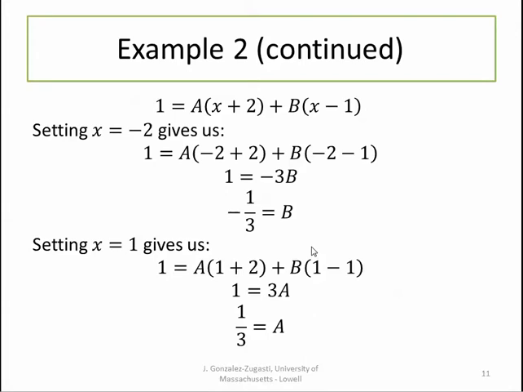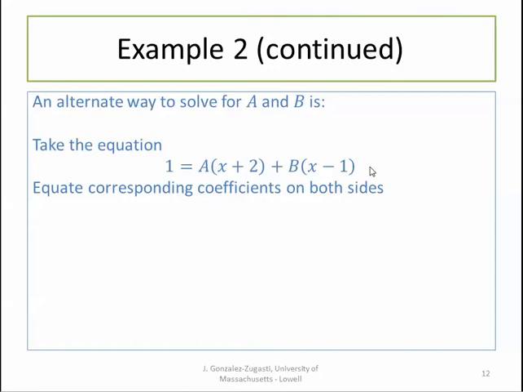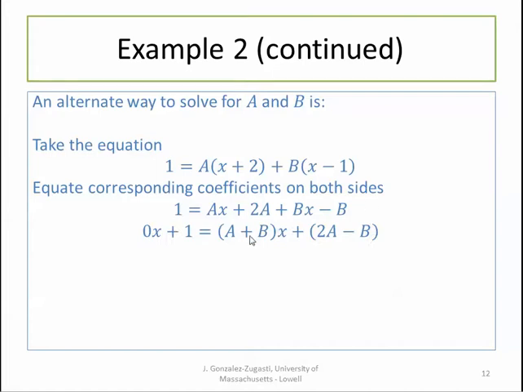So this method works nicely. It doesn't always work, so here's another way we could have solved for A and B. We could have taken the equation we got right here and then set up a system of equations by equating the corresponding coefficients on both sides. So here, if I expand out, I get 1 is equal to Ax plus 2A plus Bx minus B. I collect my like terms, so here are the terms that have an x, here are my terms that are constant, and I've rewritten the left-hand side of the equation as 0x plus 1.